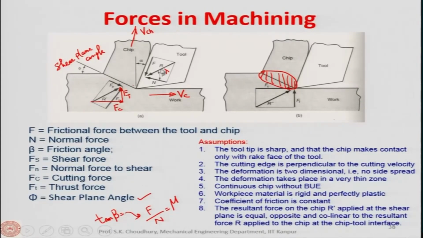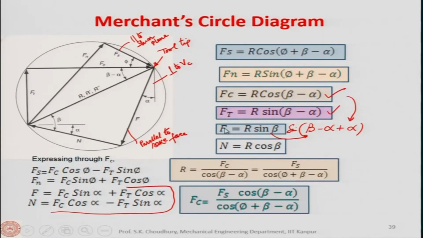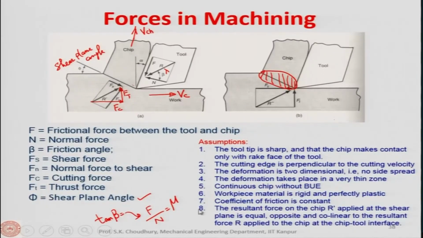So, altogether we have 6 components, and those 6 components can be related with the 8 assumptions that I have already told you. All those assumptions say that this model, Merchant's model, is 2 dimensional and is for orthogonal cutting, not for oblique cutting, because all these assumptions are valid only for orthogonal cutting.